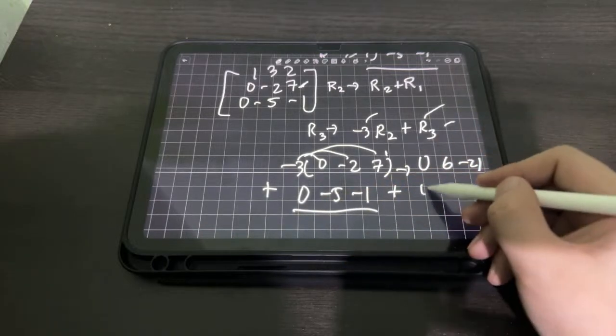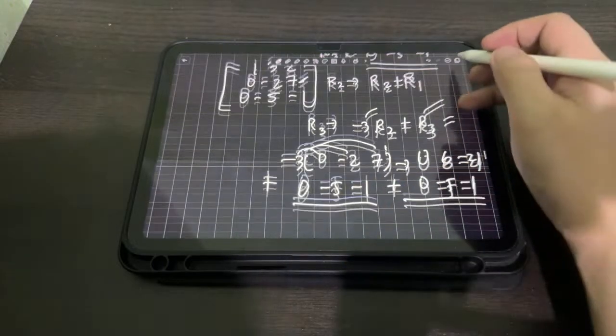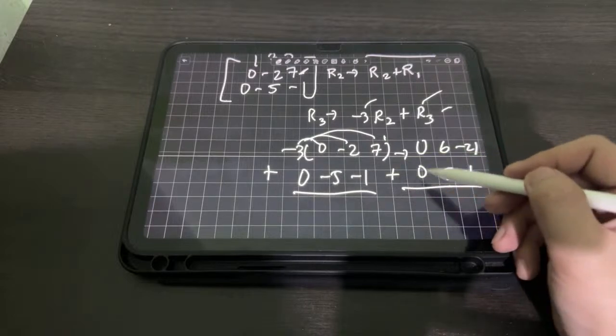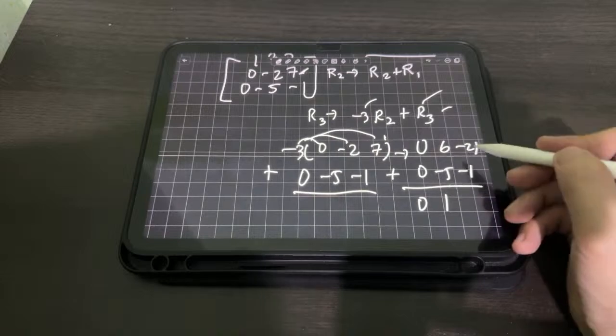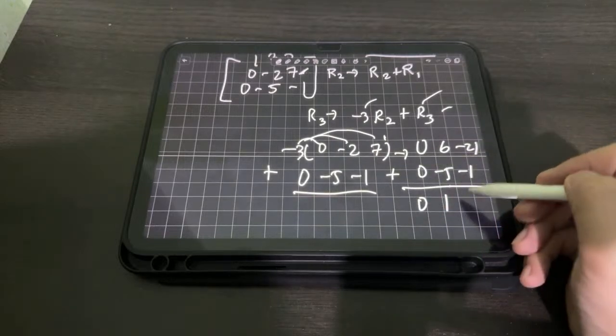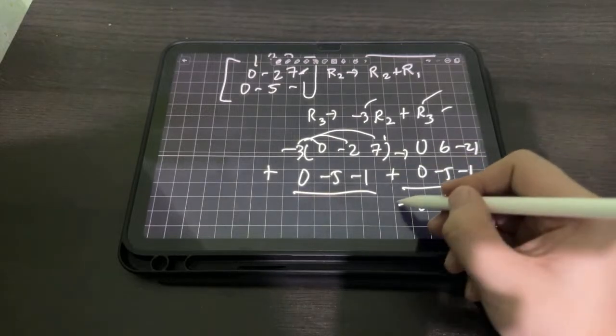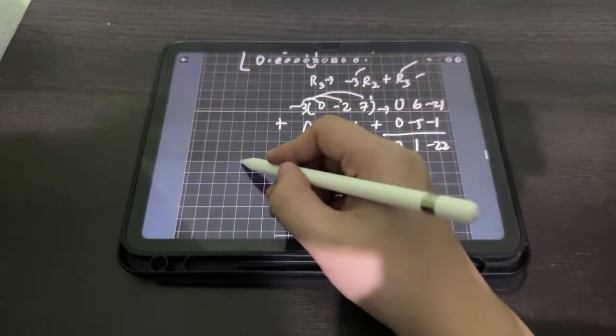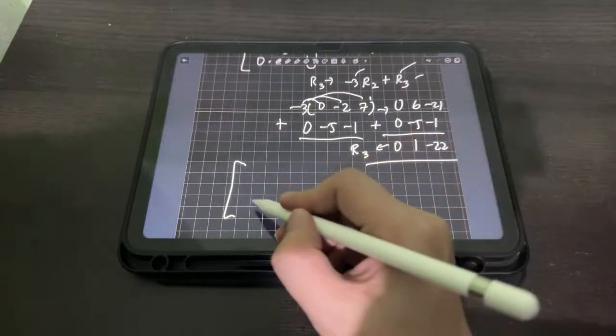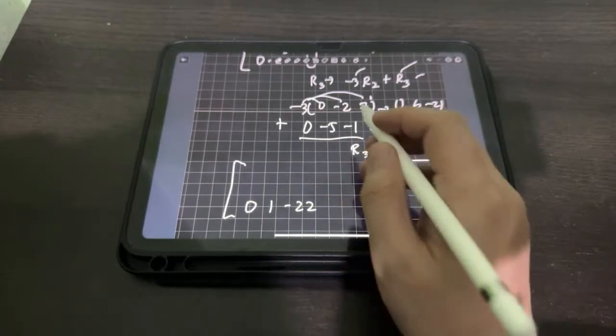Then add with 0, negative 5, negative 1. So 0 plus 0, 0. 6 plus negative 5, 1. Negative 21 plus negative 1, negative 22. This will be the new entries in R3. So we will have the new entries in R3 as 0, 1, negative 22.